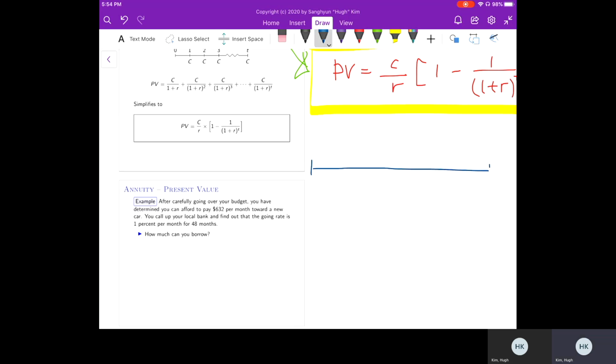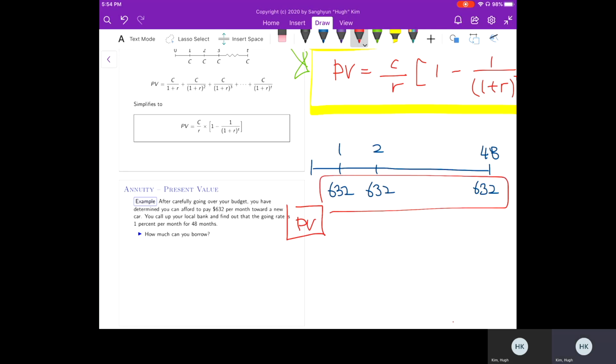So you're looking into car loans, and you can take out a 4-year loan. So you want to know how much you can borrow. That is essentially asking what is the present value of these cash flows.